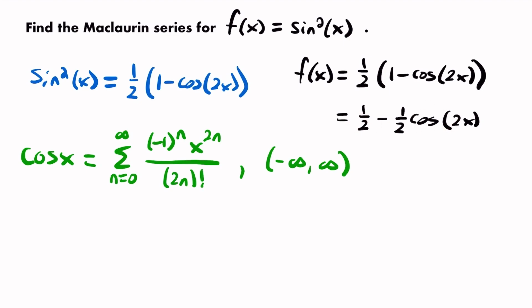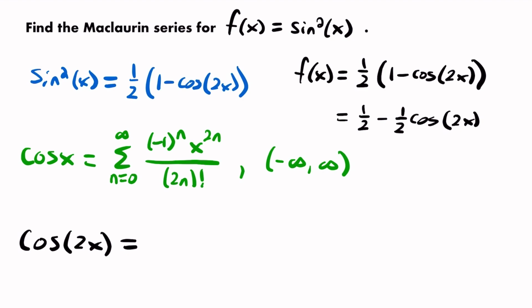So in this function, what we want to do is start with this part right here, cosine of 2x. We can represent cosine of 2x as a Maclaurin series by making a slight adjustment to the Maclaurin series for cosine. All we have to do is replace x in this series with 2x. So this x right here is just going to become 2x, and we will have the Maclaurin series for cosine of 2x.